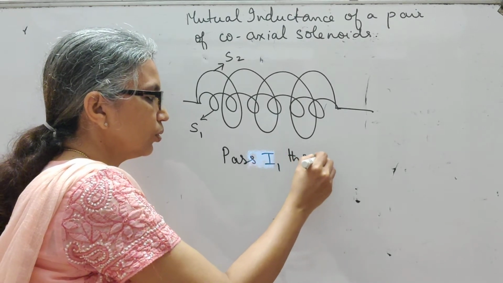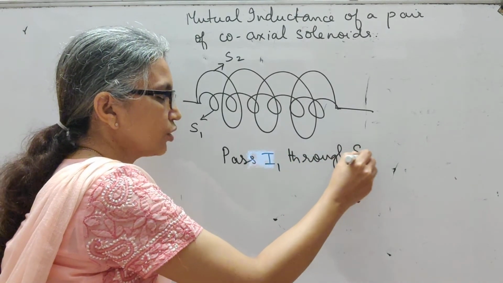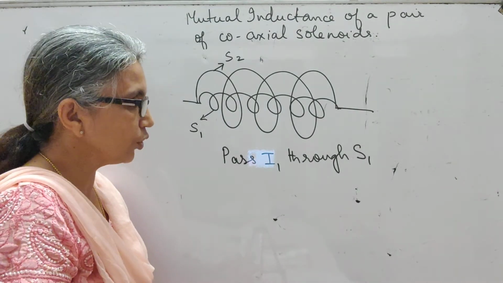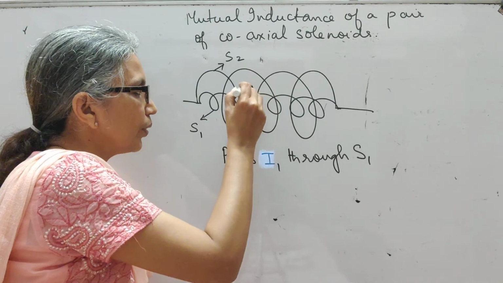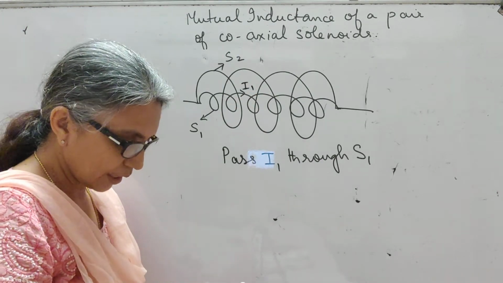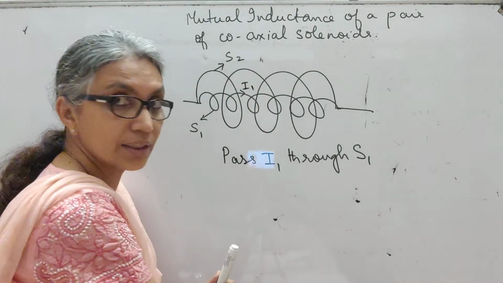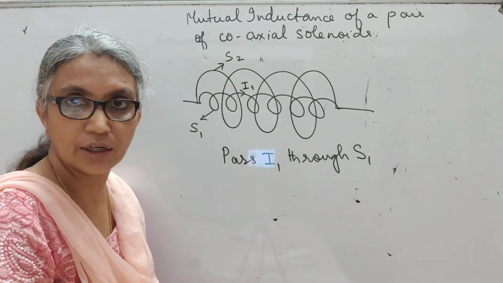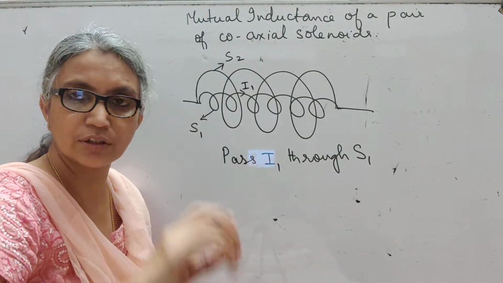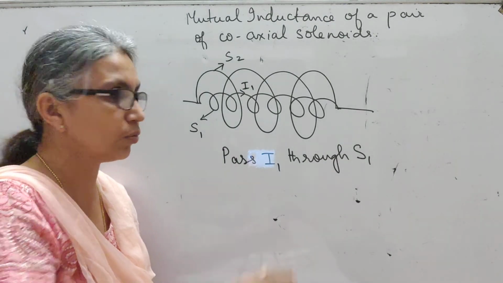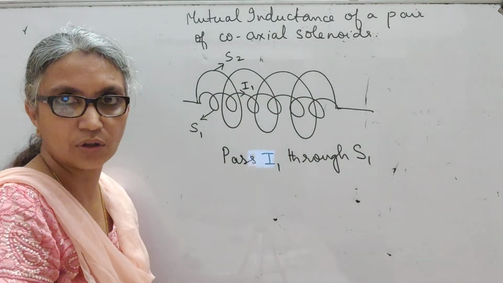through S1. So when you pass current through the smaller one, only this is carrying current now, this I1, so the magnetic field only exists within the axis of the solenoid. I hope all of you know that for a solenoid, the magnetic field is strong and uniform inside the solenoid.